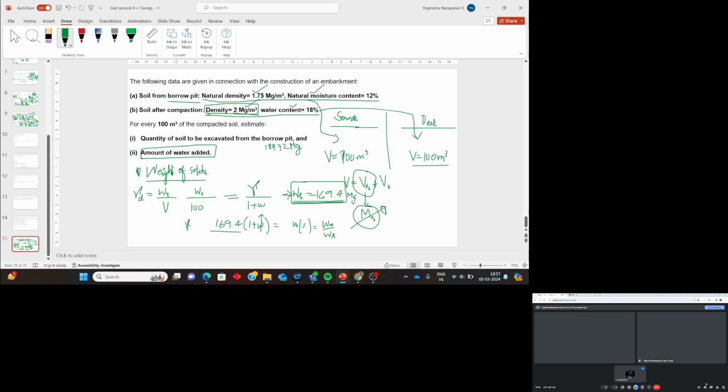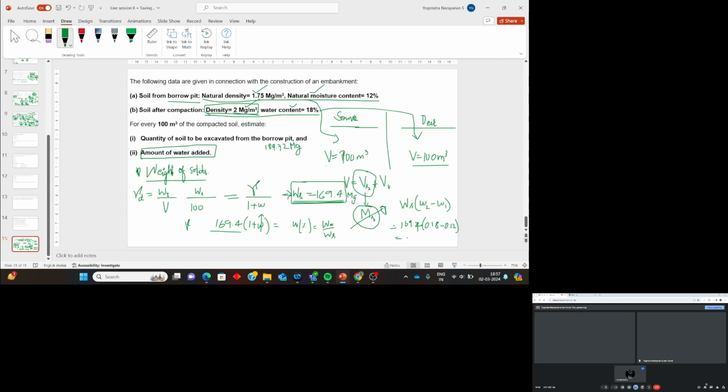So the extra difference in water content will be Ws into w2 minus w1, which will be Ws, 169.4 into 0.18 minus 0.12.